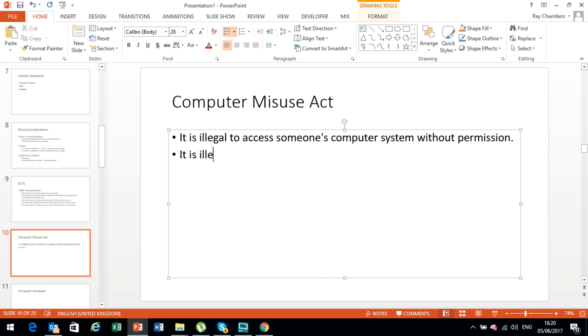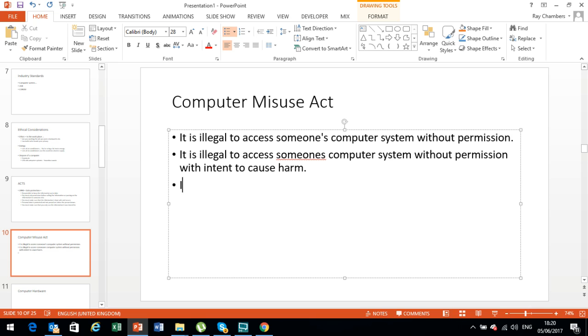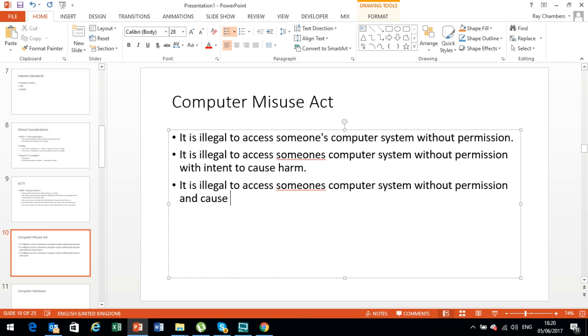It is illegal to access someone's computer system without permission with intent to cause harm. It is illegal to access someone's computer system without permission and cause harm to the machine. Some areas where people may cause this harm include viruses.